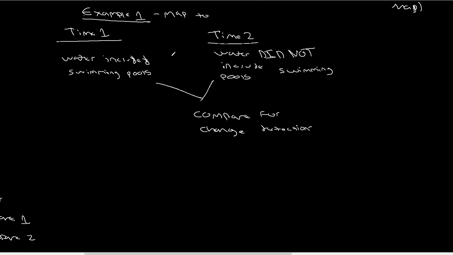By definition, if we look at a swimming pool, assuming the classifications are accurate, which we'll talk about in a second, time 1 is going to say that is water, because their definition included swimming pools. Time 2 is going to say that's not water because their definition did not include swimming pools.